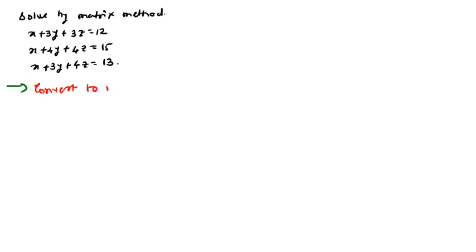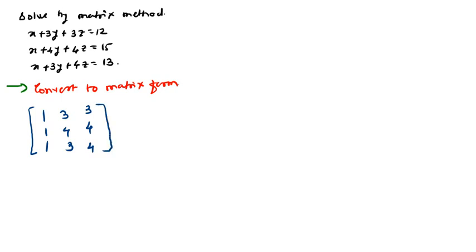After conversion, this will be the matrix of coefficients: 1 1 1, 3 4 3, 3 4 4, into the matrix of unknowns, which is x, y and z, equal to 12, 15 and 13. Okay, so this is how we can convert the given system of linear equation to the matrix form.